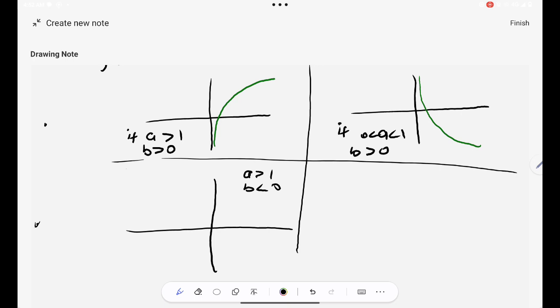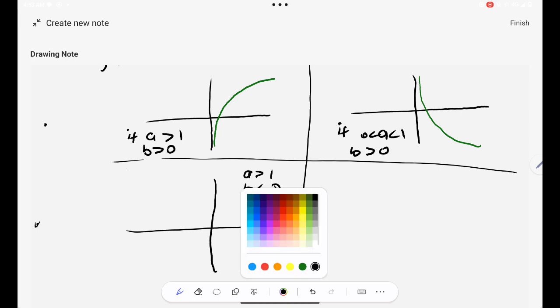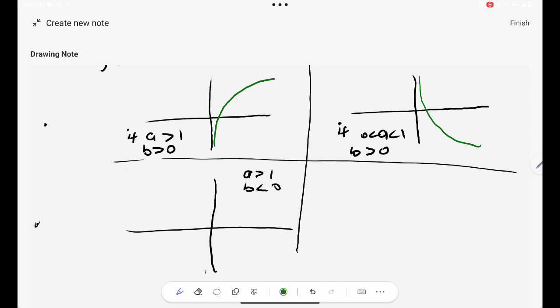It simply means that our graph will be increasing since a is greater than 1, but it will be increasing in the negative direction. So basically it's decreasing. Our graph will be like this. All together.